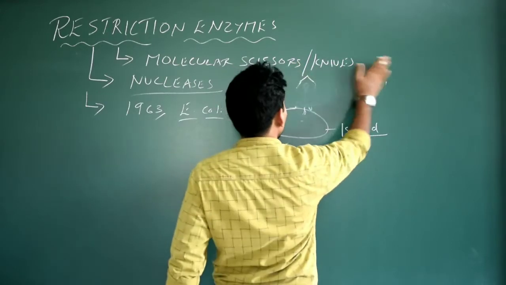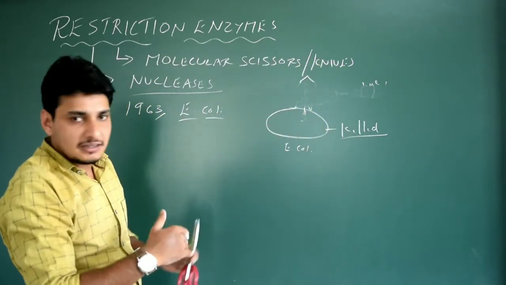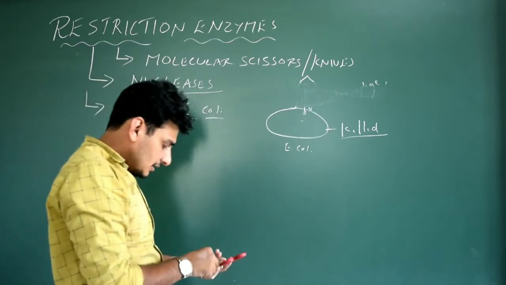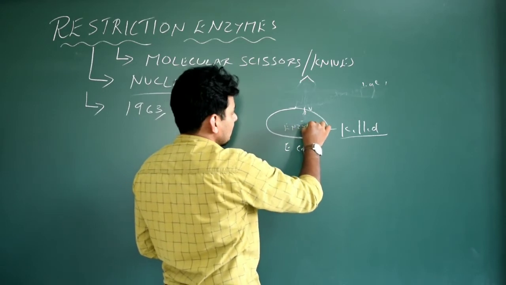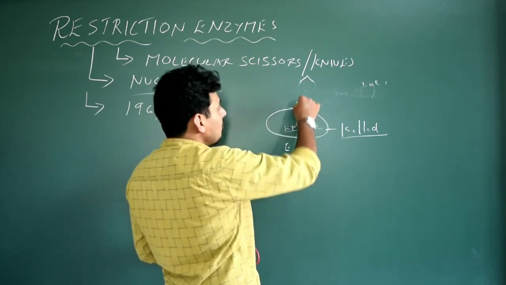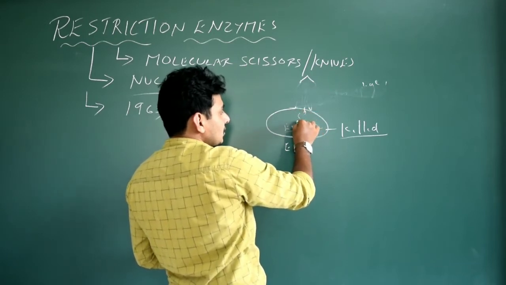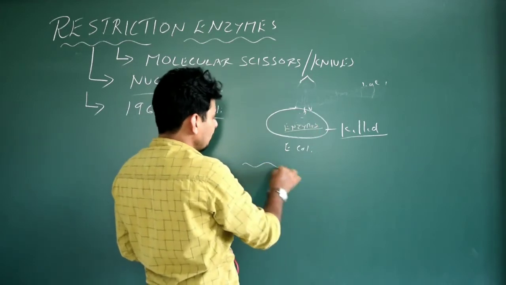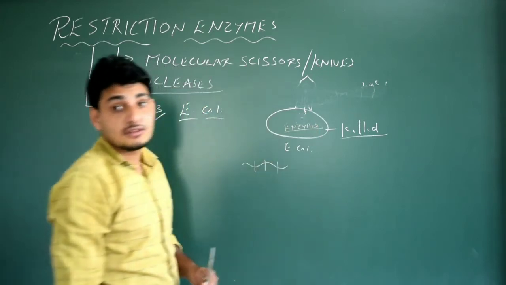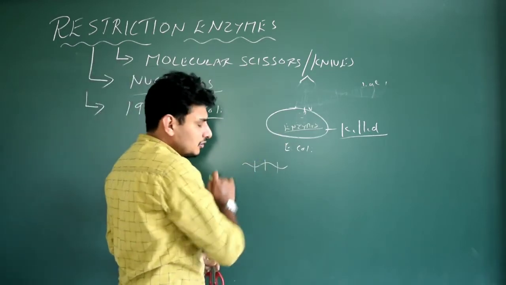The bacteriophage failed. Then, when he studied the E. coli, he came to know that inside the bacteria there were certain enzymes. If the bacteriophage could insert its genetic material, these enzymes would break this genetic material into fragments. Genetic material of the bacteriophage, I am talking about the virus. Inside the E. coli, they break it into tiny pieces.